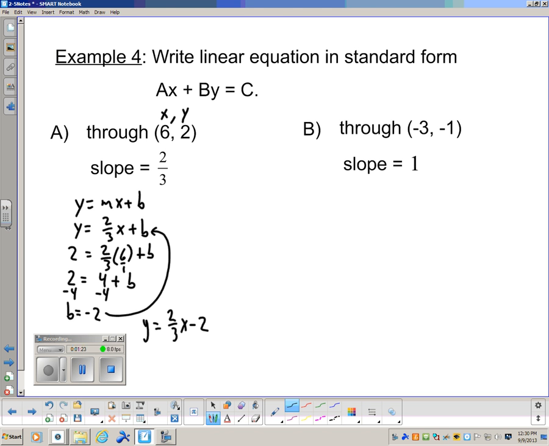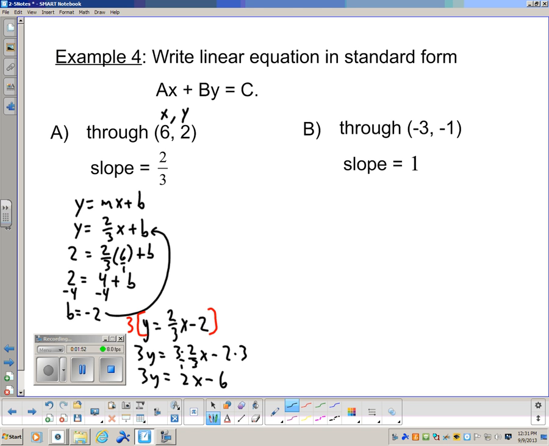Now it says to put it in standard form, and remember we cannot have a fraction in here, so let's eliminate our fraction by multiplying everything through by 3. So we end up getting 3y equals 3 times 2/3 x minus 2 times 3. So you get 3y equals 6/3 is 2x minus 6.